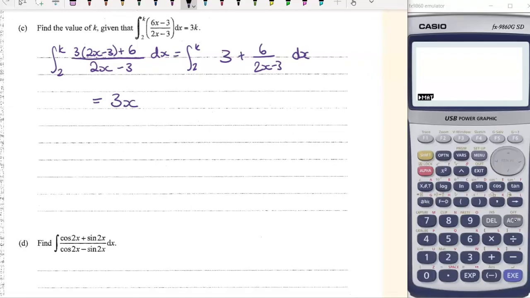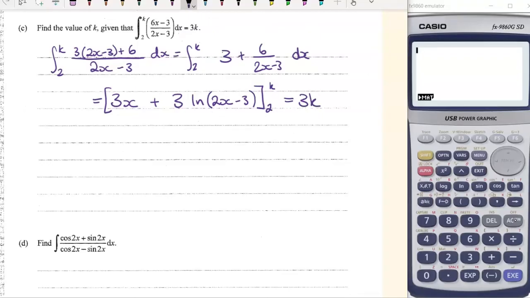So that's 3x plus 6 times the natural log of 2x minus 3, and then divide by the 2 that was inside. So that will be plus 3 log (2x minus 3). Now we're doing that between 2 and k, and we've been told it's equal to 3k.